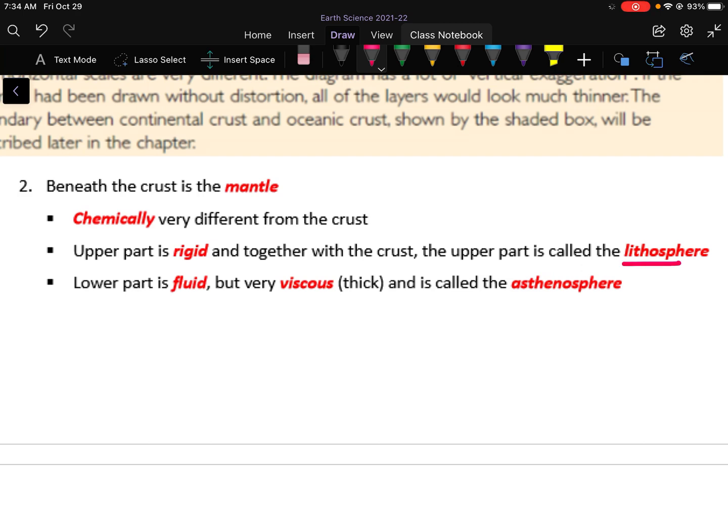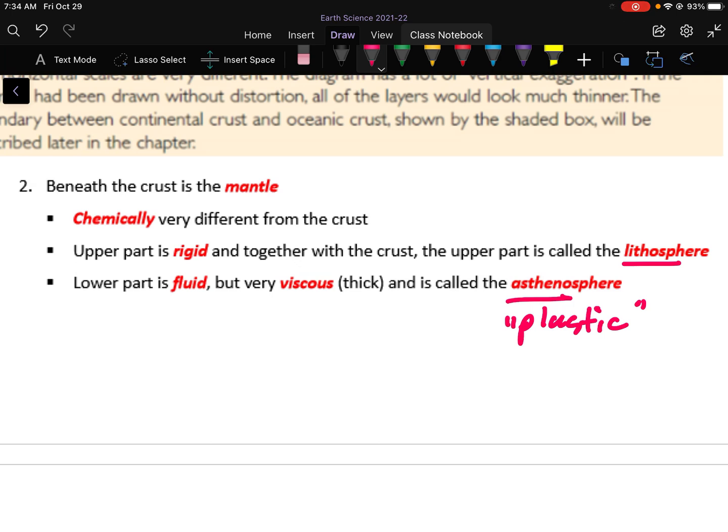Beneath the lithosphere is what we call the asthenosphere. I don't know if it's Greek or Latin or some other language where we get that prefix astheno, but that means plastic. Not like plastic toys, but plastic like it's easily distorted and bent and changed into different shapes.